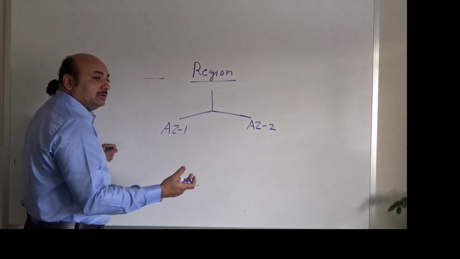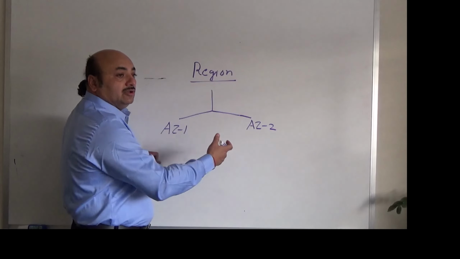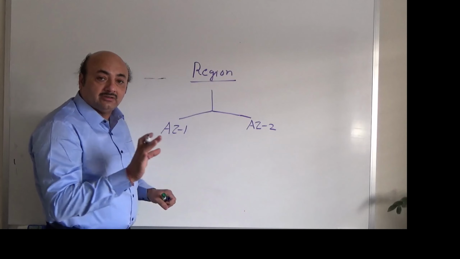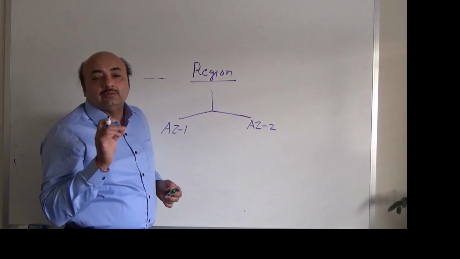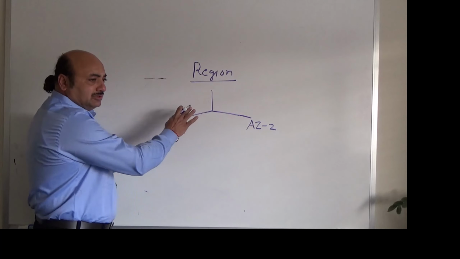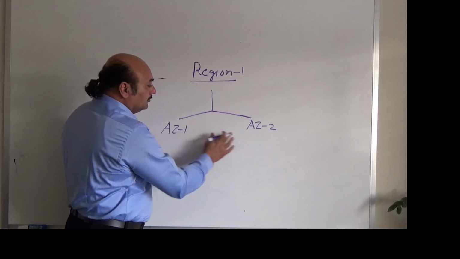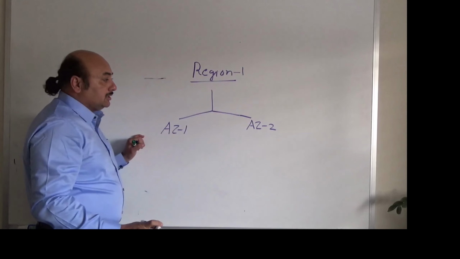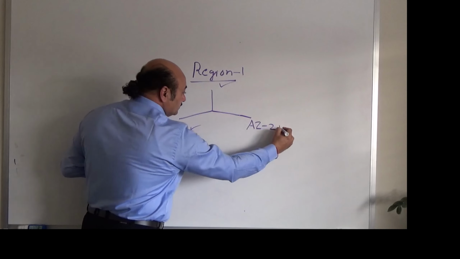Now, depending on the region, they can have 2 or 3 or 4 availability zones. So it's not mandatory or fixed that every region has the same number of availability zones. Okay. So for example, I'm just randomly saying I have taken a region 1 and it has got 2 availability zones. Okay. So these are the two terms that you need to remember: region and availability zone.